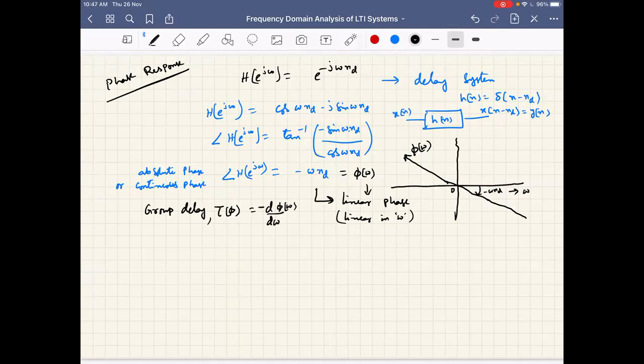This is referred to as group delay. Phase response and group delay are two important terms that we use in the frequency domain analysis of systems.